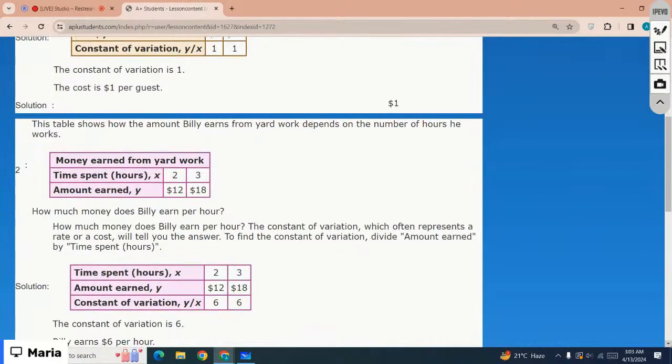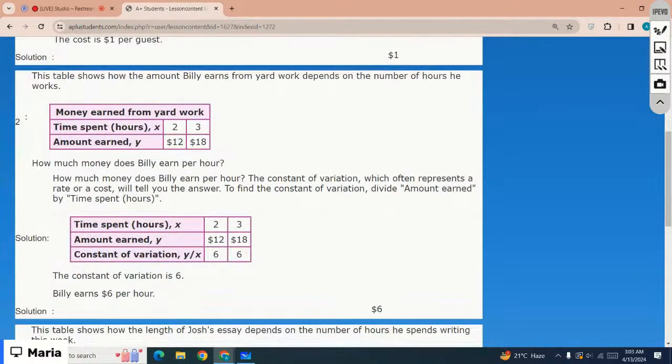Right, here you can see for this one, this table shows how the amount Billy earns from yard work depends on the number of hours he works. So you are given a table that shows the time he spent and the amount he earned. You have to calculate how much money Billy earns per hour.